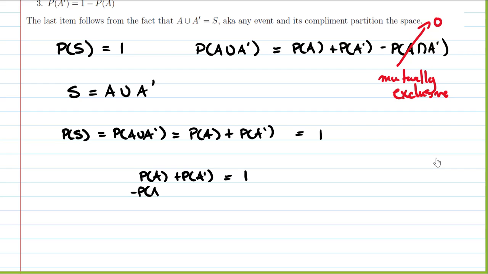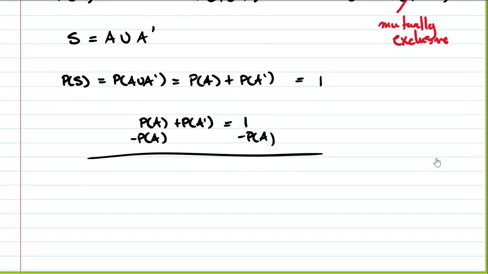And if you solve that equation for the probability of not A, we get exactly the formula that we had above. So the probability of A not happening is 1 minus the probability of A happening. So this formula holds for any event A: the probability of A happening plus the probability of A not happening, so the probability of A complement, has to equal 1.